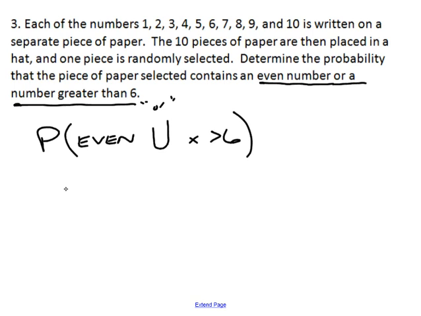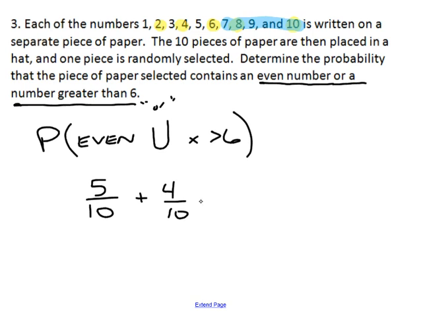So the probability of an even, let's see, we've got 1, 2, 3, 4, 5 of them. 5 numbers are even. And we're going to add to that the numbers that are greater than 6. So that's 7, 8, 9, 10. So there's 4 of them that are greater than 6.